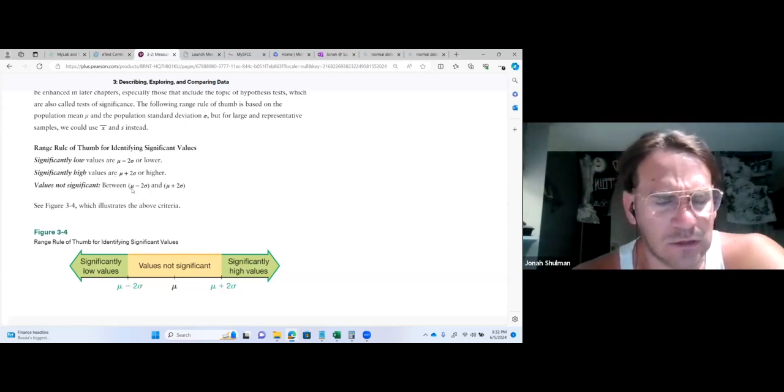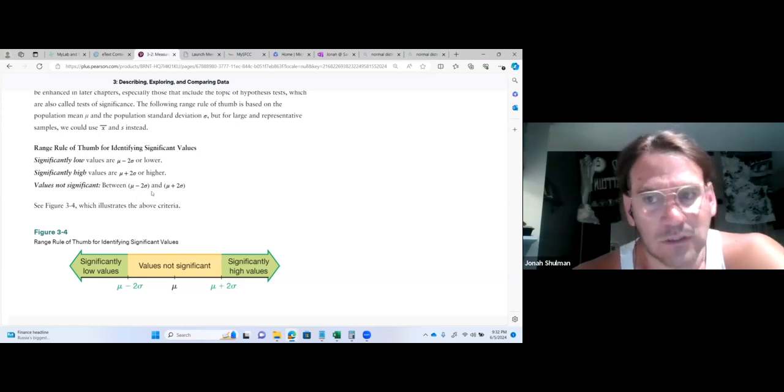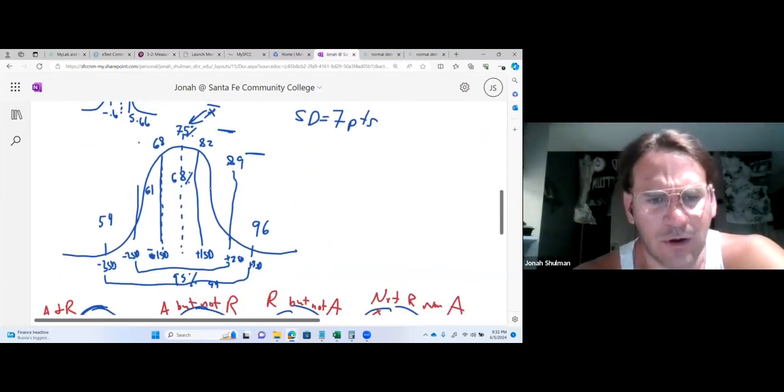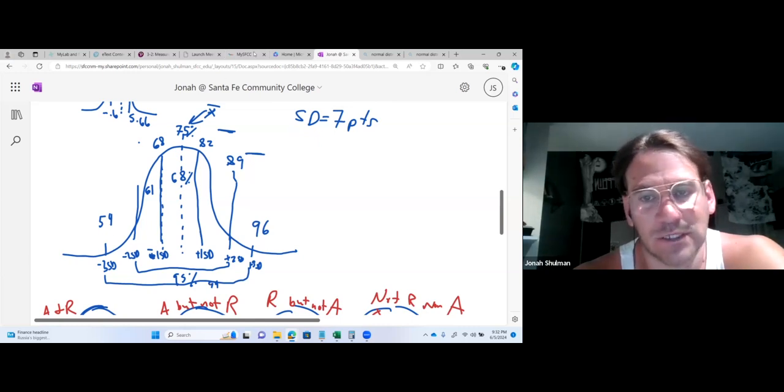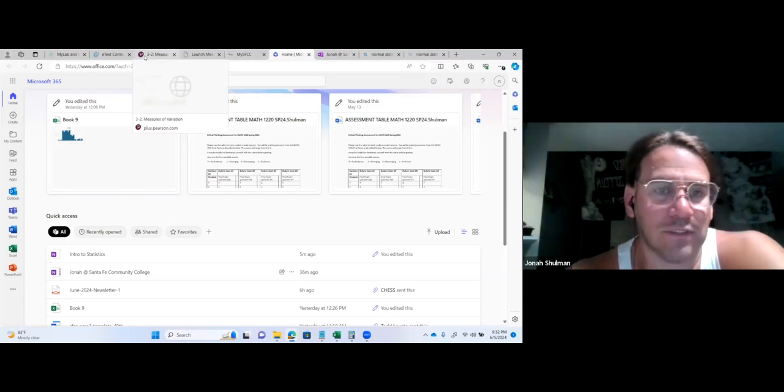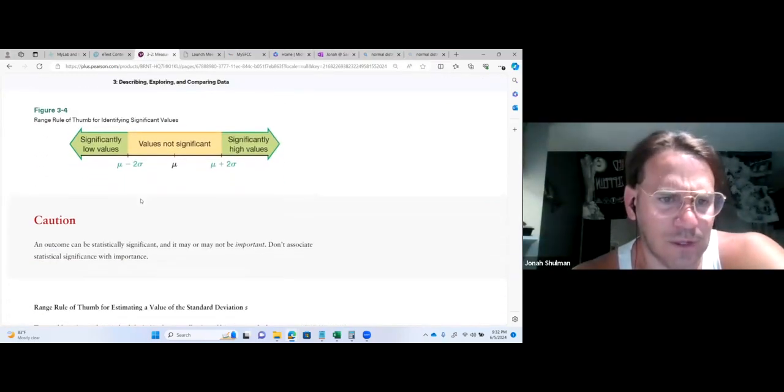The values that are not significant are all the ones between two standard deviations. What does this mean? We only care about the middle. We do not care about this 99% that's out here. We just care about two standard deviations within the mean. That's their rule of thumb. I don't think it's great, but it's okay.